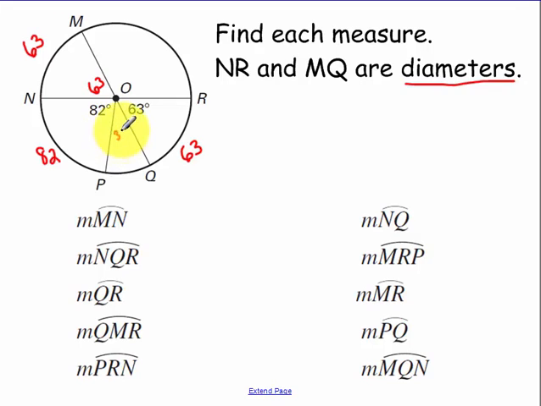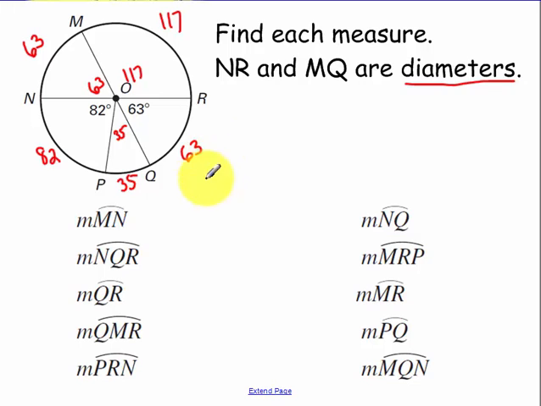So that makes this 35, labeling my arc to be 35. And then using some subtraction here, we have this arc up here is 117, or the angle is 117, so our arc is 117.